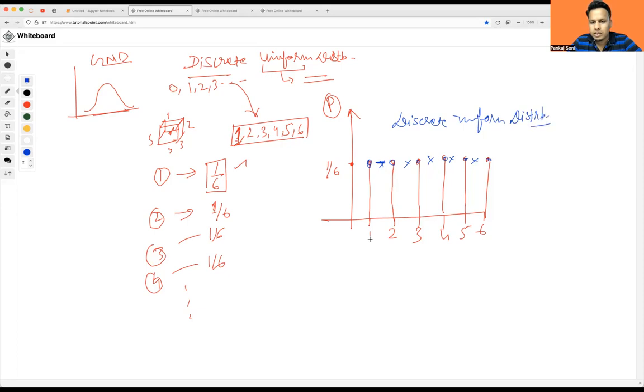Those are discrete numbers, and uniform distribution means the probability of getting any number is exactly 1/6, the same probability for any number. That's why it is called discrete uniform distribution. We will see this with the help of a Python graph also.